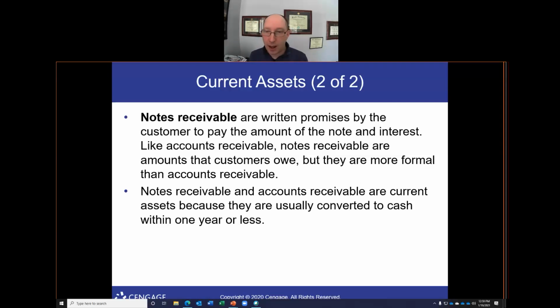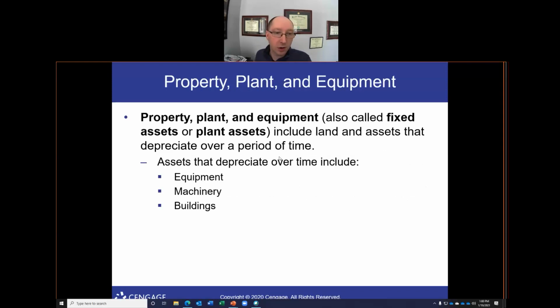It is a short-term obligation for a customer to pay you back. A store card is like a credit card that can only be used at that store. And so in that case, the store calls it a note receivable. The customer will pay the store within 1 year or less. Oftentimes it's revolving. That's a note receivable.